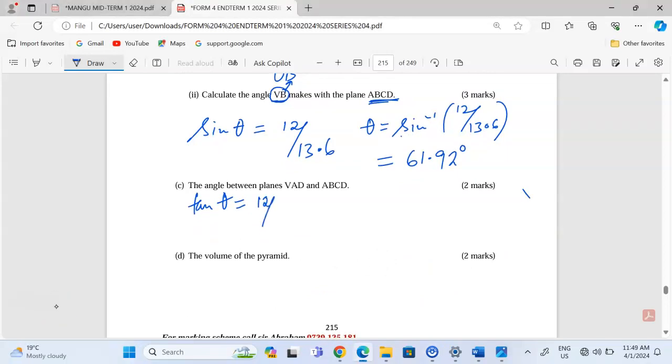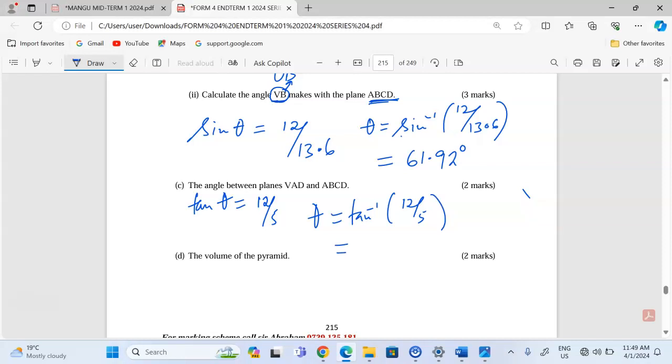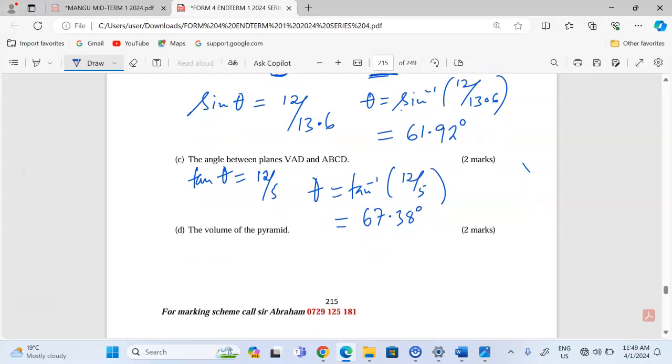So theta is the tan inverse of 12 over 5. Shift tan 12 over 5 gives me 67.38 degrees. So that is the angle.